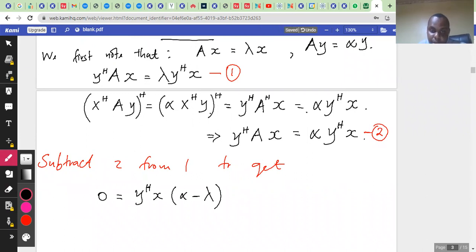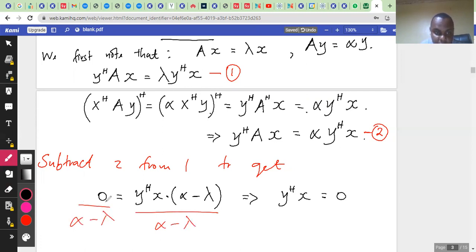If you divide both sides by lambda minus alpha, you get y^H x equals 0. 0 over alpha minus lambda is 0, and the other side divided by alpha minus lambda is y^H x, so y^H x equals 0. And I think that is what they wanted us to prove.